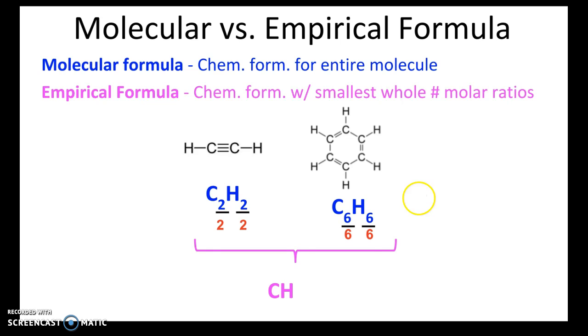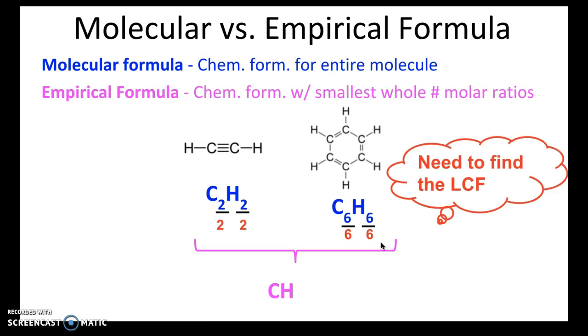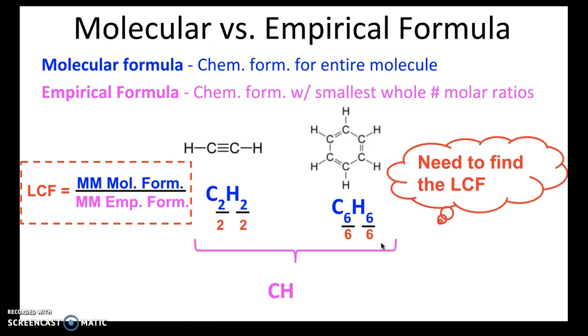So in order to do the reverse, going from the empirical formula to the molecular formula, I need to figure out what that least common factor is. The way we do that is we use the molar mass of the molecular formula and divide it by the molar mass of the empirical formula.